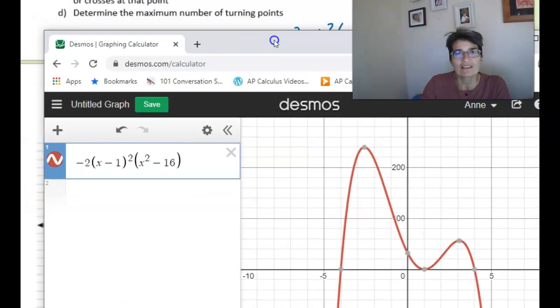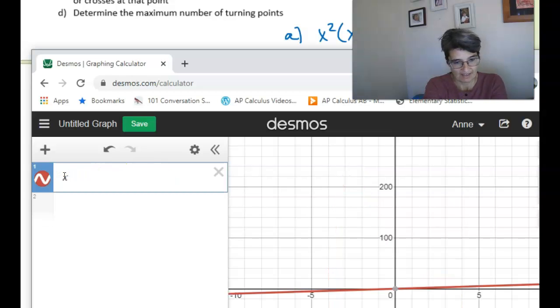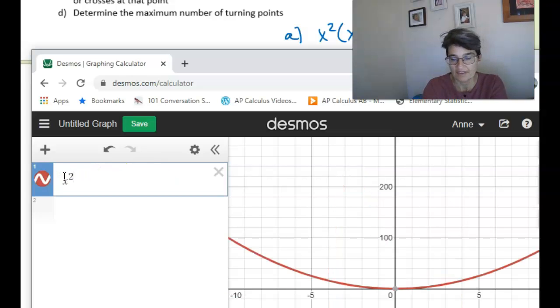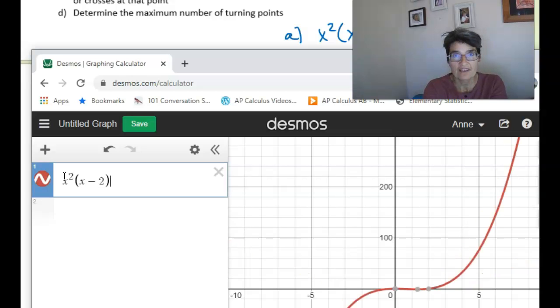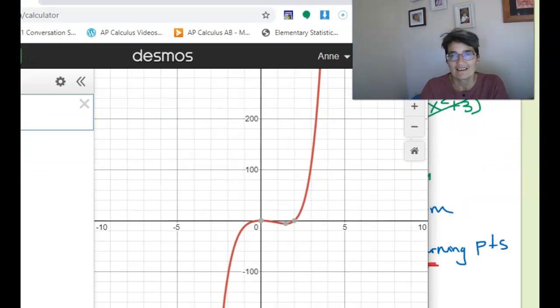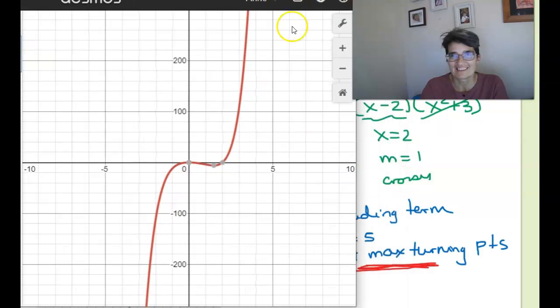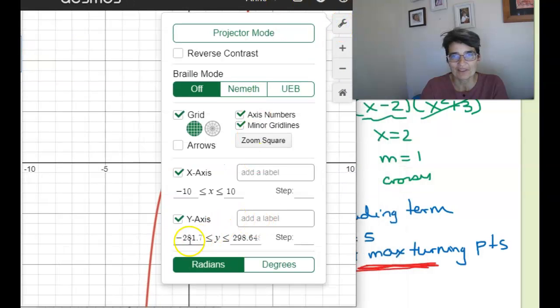Okay, so we're going to have x squared, x minus 2, x squared plus 3. So it looks like our first version was good. Alright, so let me change the scale a little bit.